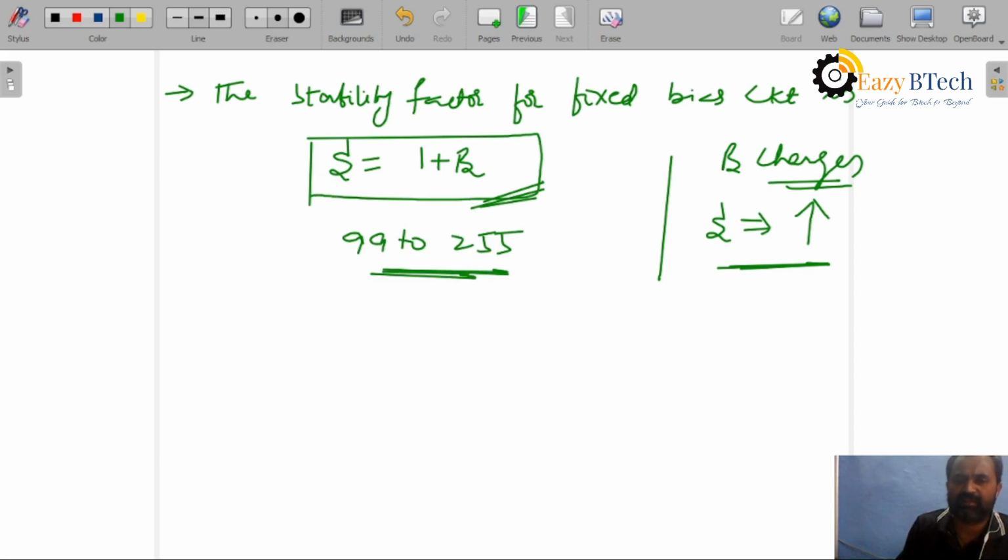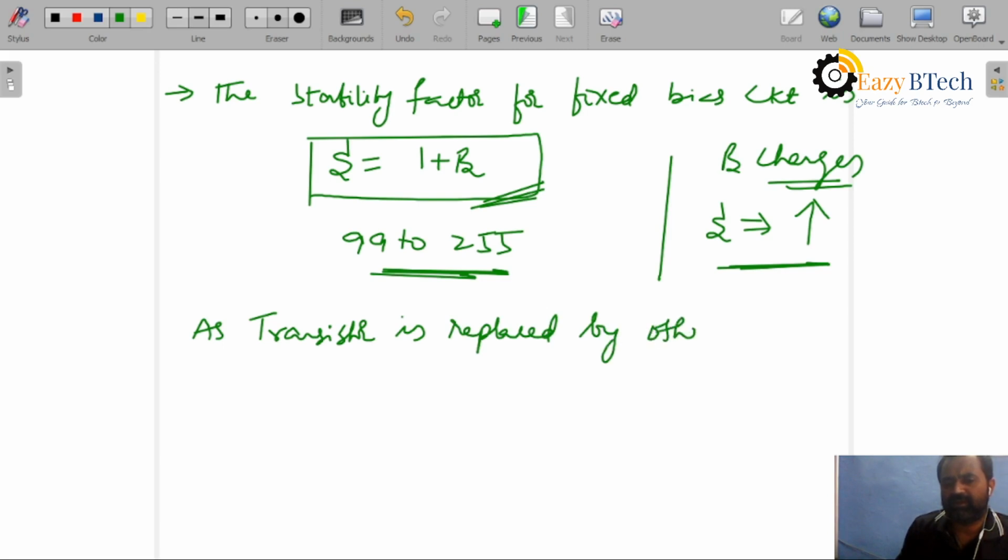Now as the beta changes, as the transistor is replaced by another device, then definitely beta will change.